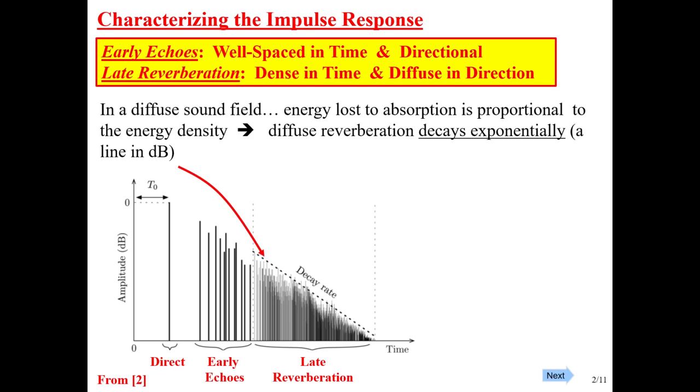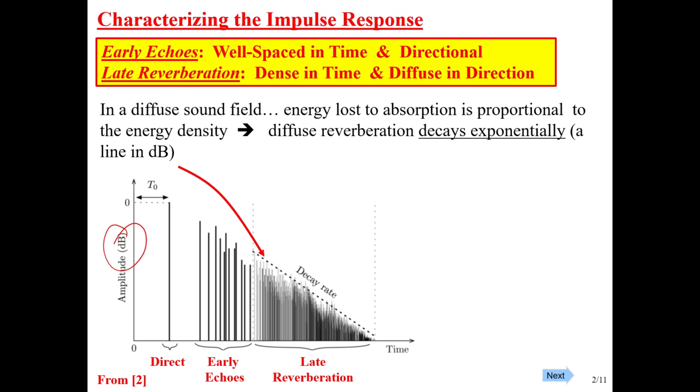So the physics reason for this decay rate, which is a straight line on a dB plot, so that means it's decaying exponentially in non-dB. We can show that that is a characteristic of a real room.